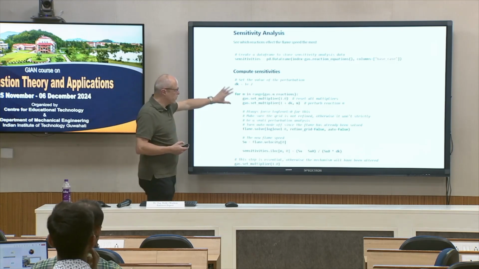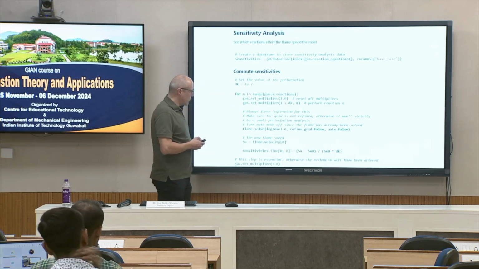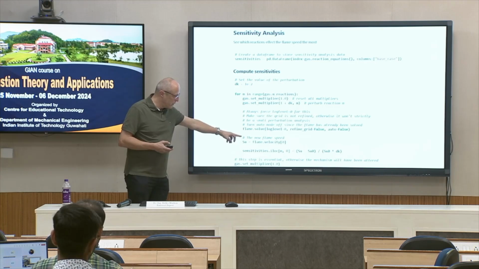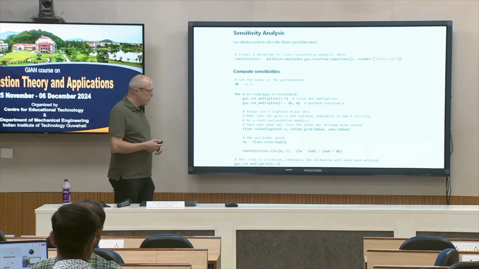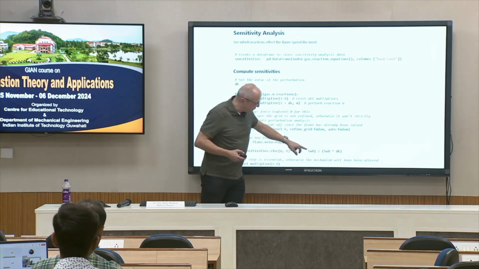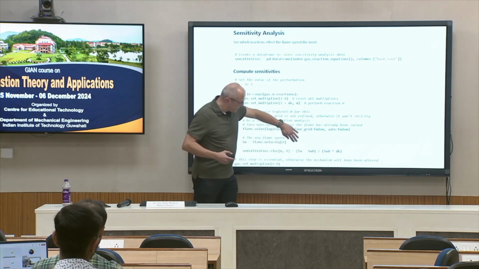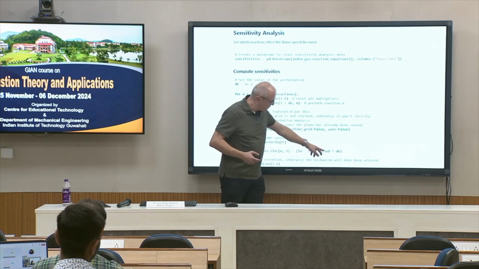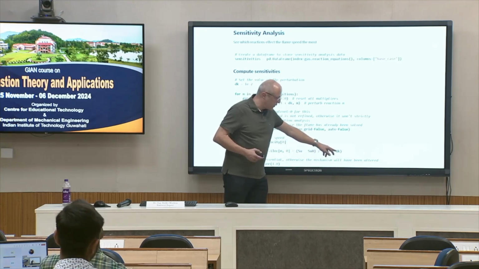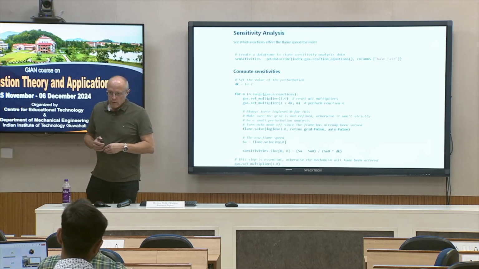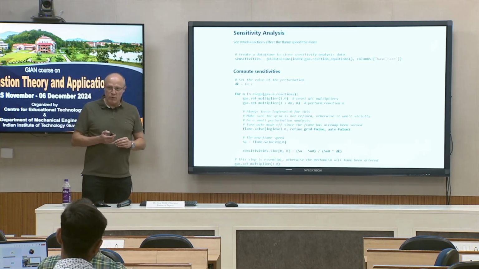This here change it just by a small quantity, and again calculate the flame velocity, and then the sensitivity is defined as flame velocity disturbed minus flame velocity undisturbed over the undisturbed flame velocity times the value of the perturbation we have performed.